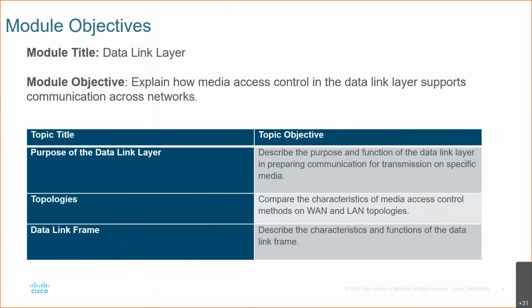What are the topologies that we have on LAN, on WAN, and so on? And what does the data link frame look like? So we'll be looking at some of these. Actually, the information given here is not as extensive as what you have learned in your lecture, but it's still informative.